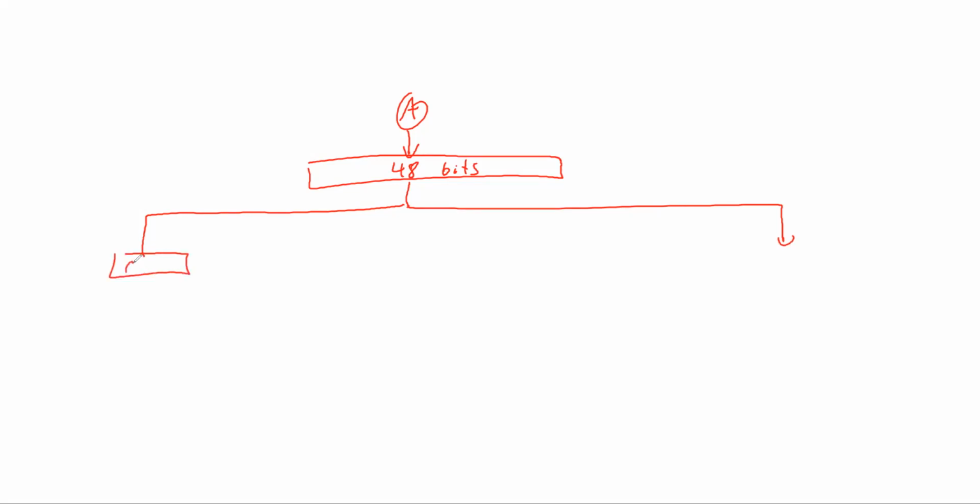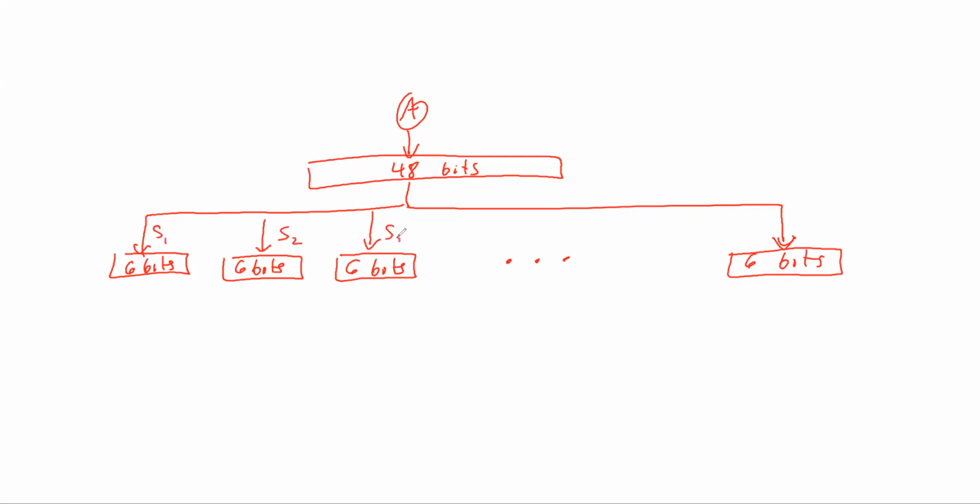So I'm going to say 6 bits here, 6 bits here, 6 bits here, dot, dot, dot, and then 6 bits here. All of these you can call S1, S2, S3, through S8, because 6 times 8 should be 48.